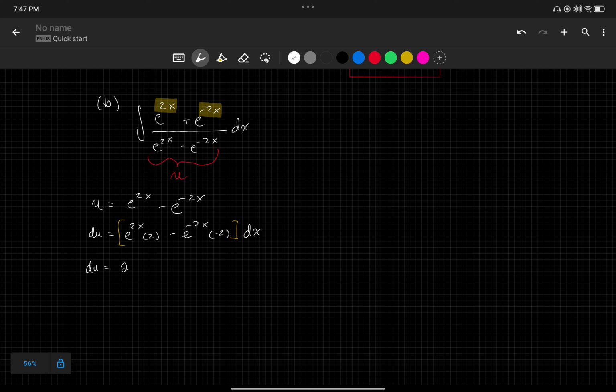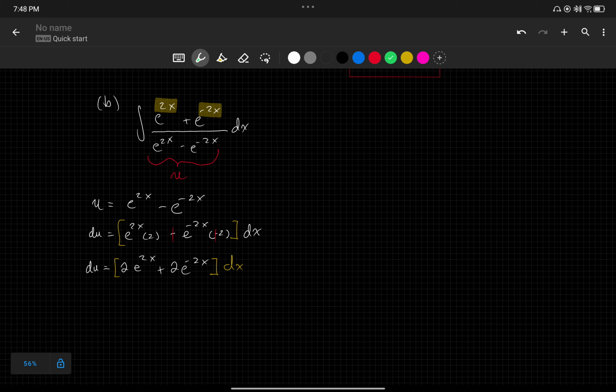Put a 2 in the front, e to the 2x, and then the negatives cancel out over here because that negative and that negative are going to go away, so it'll be a plus 2 e to the minus 2x. And again, don't forget the whole thing, dx. All right, let's see how we're doing.